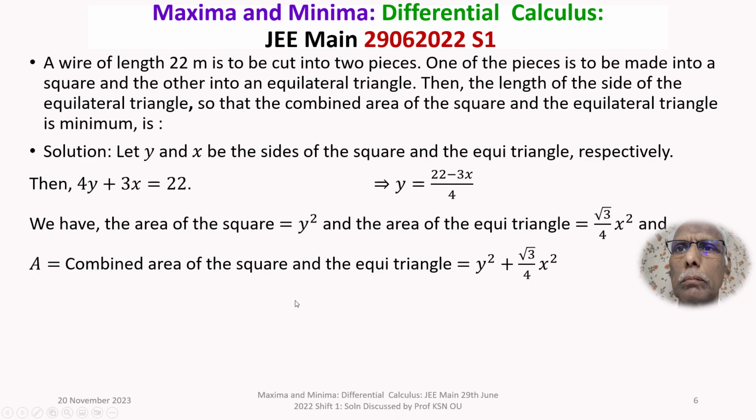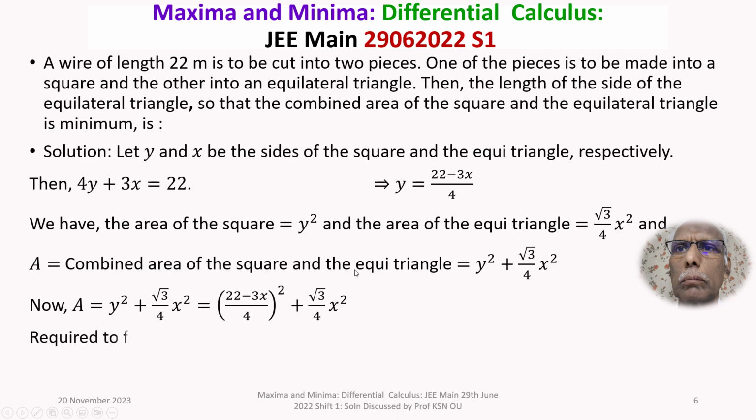So we take A and substitute (22 minus 3x) by 4 for y. So A is equal to ((22 minus 3x) by 4) square, that is y square, plus root 3 by 4 x square. Thus, capital A is a function of x alone.